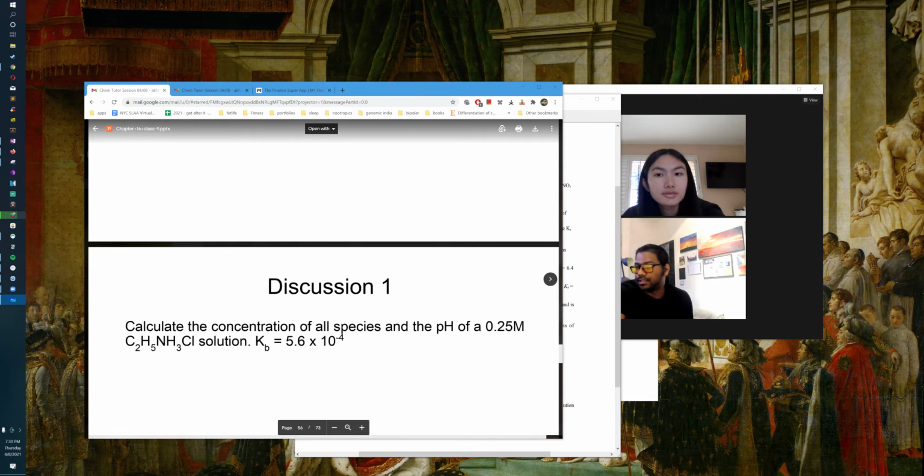All right, so that's the pOH, and then we're going to use this pOH to find the OH minus concentration. So that is going to be 10 to the negative 2.67.